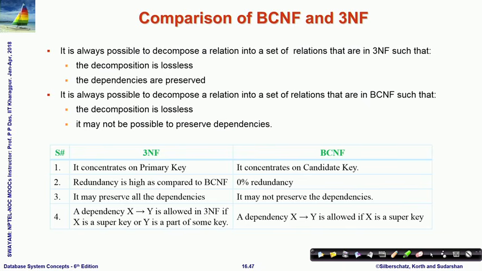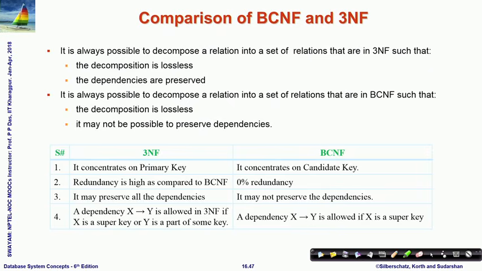Boyce-Codd naturally is more strict and gives you fewer redundancies, but it cannot guarantee that your dependencies will be preserved. So, more often we will accept 3NF as an acceptable normalized decomposition with some redundancy still existing, which we cannot get rid of.